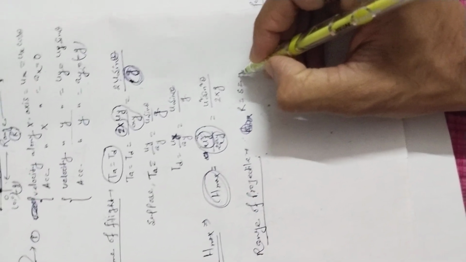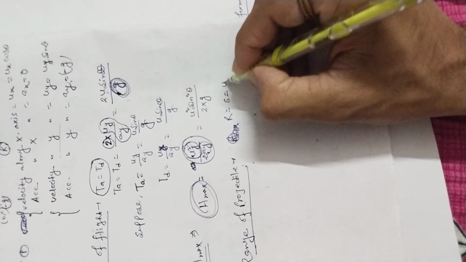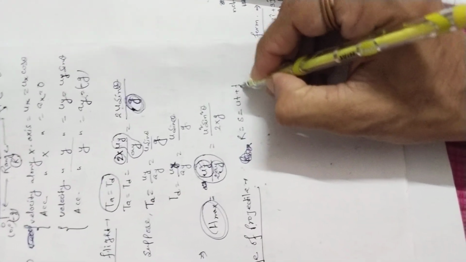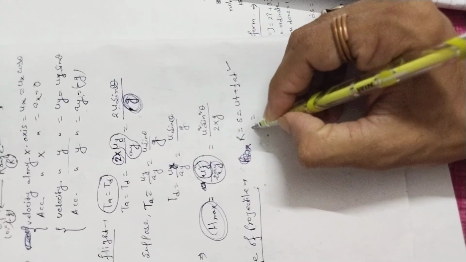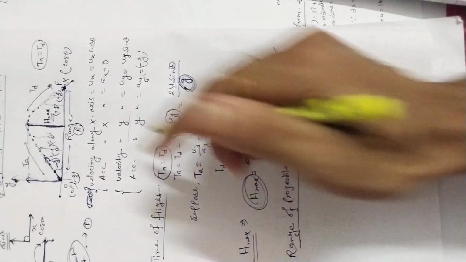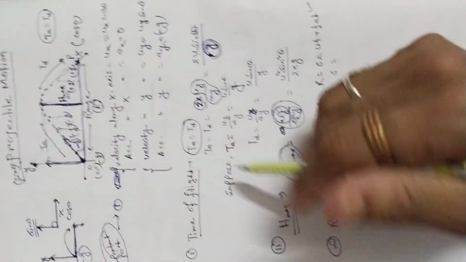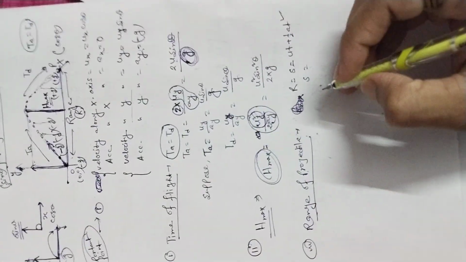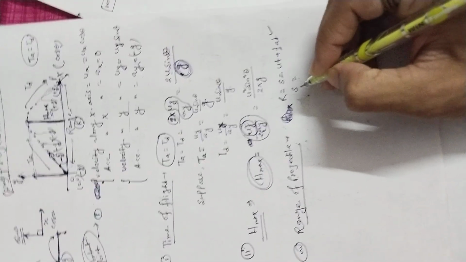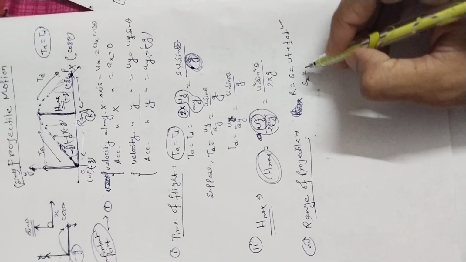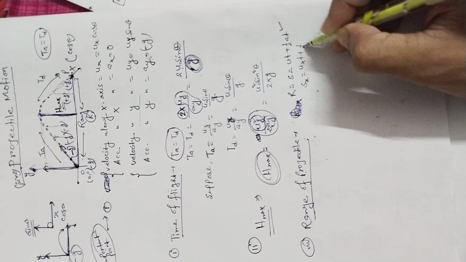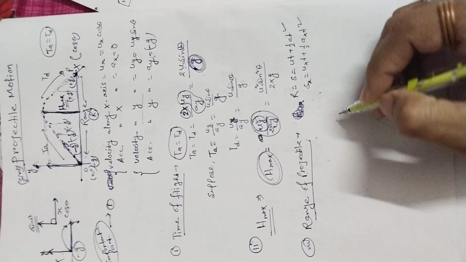we know from kinematics, s equals ut plus half a t square, all along the x-axis. So I can also write x equals ux t plus half ax t square.